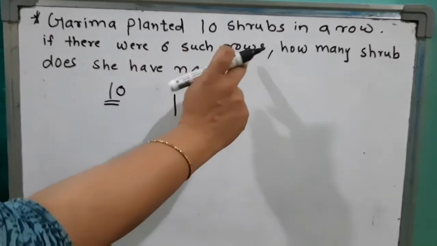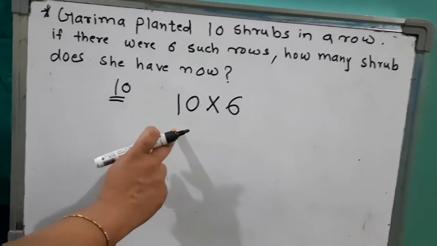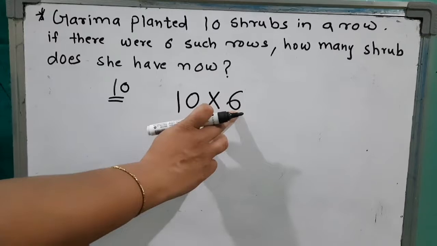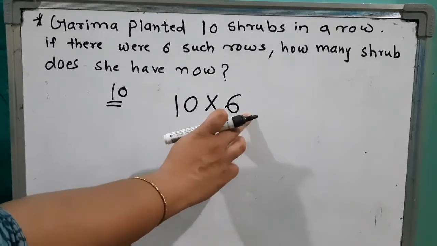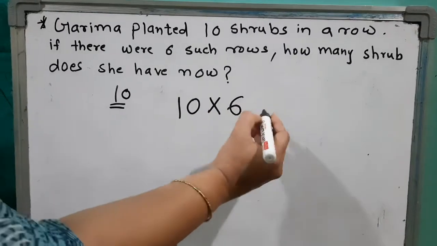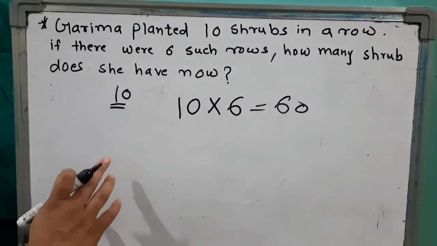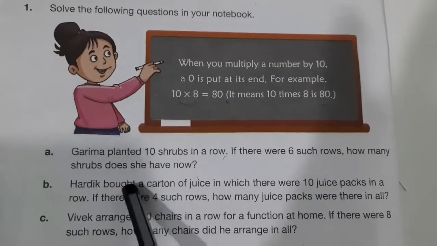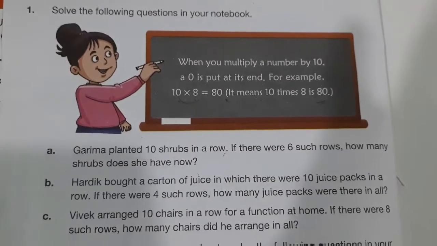Just now I told you, when we multiply a number by 10, a 0 is put at its end. For example, 10 multiplied by 6 is equal to 60. The answer will be 60 here. Solve the other examples like it is given here also.